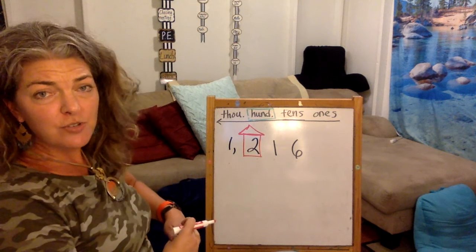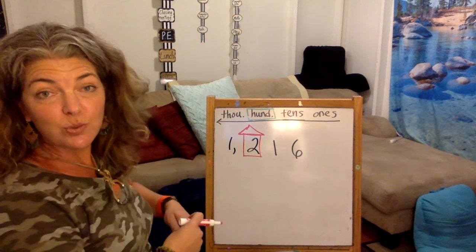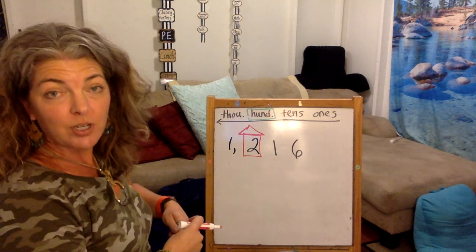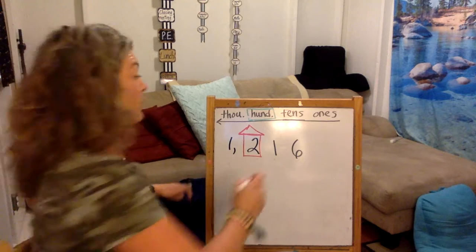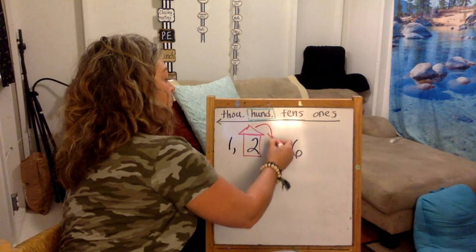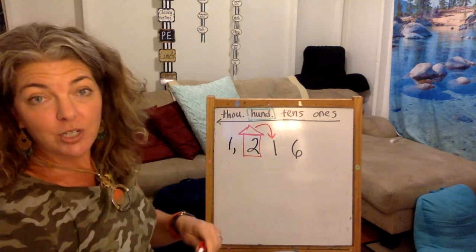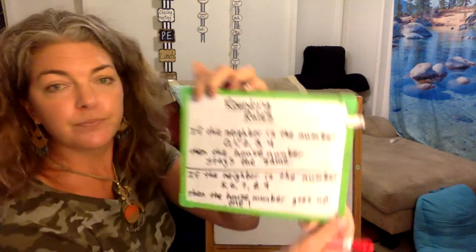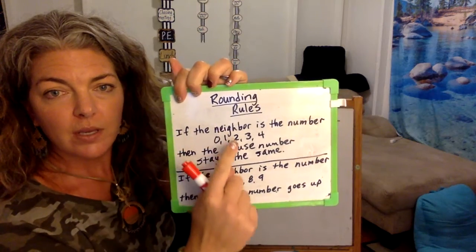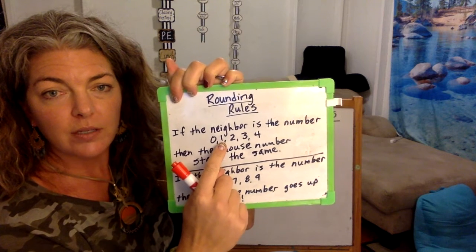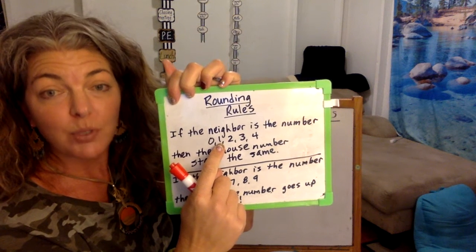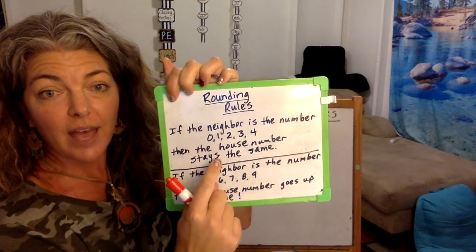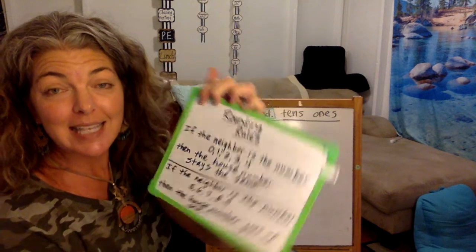The number in the hundreds place doesn't know what to do. They need to go over to the neighbor because the neighbor is going to follow the rules. My neighbor is a number 1. Let's look at our rules. Here's the 1. If the neighbor is a number 1, then the house number stays the same.